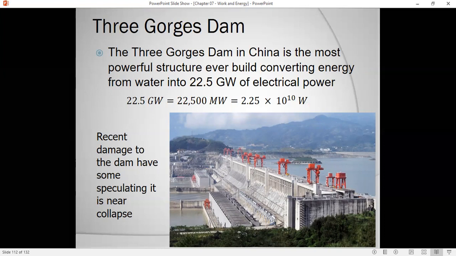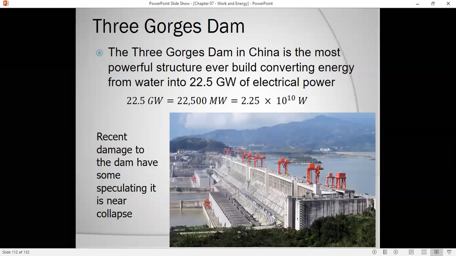This is built in China, and the government of China is running into some real problems with the current flood season. Parts of the spillway are starting to break apart. And while this dam will probably not totally collapse, it's certainly experiencing quite a bit of damage. And it's going to need some extensive repairs so it doesn't fail.